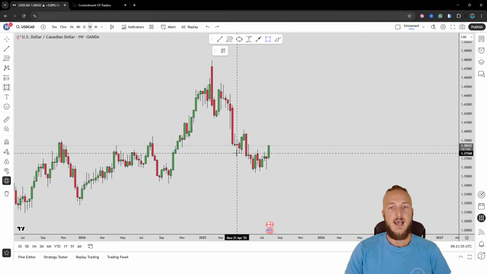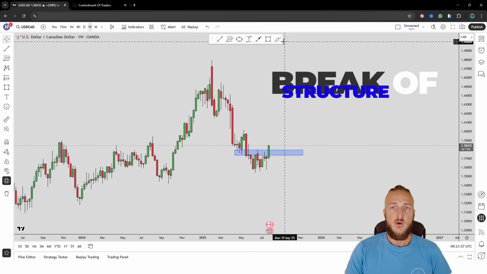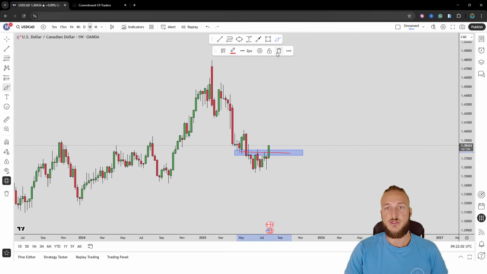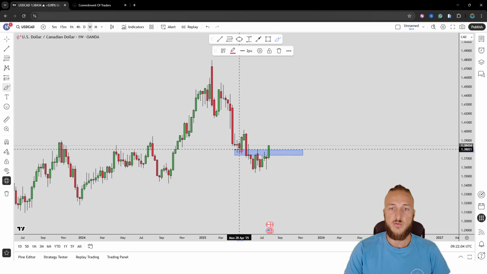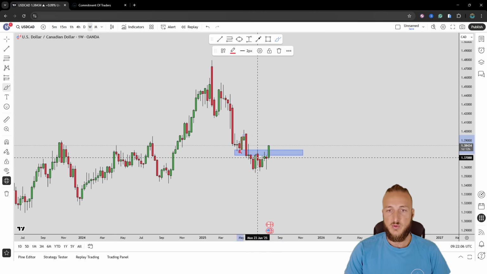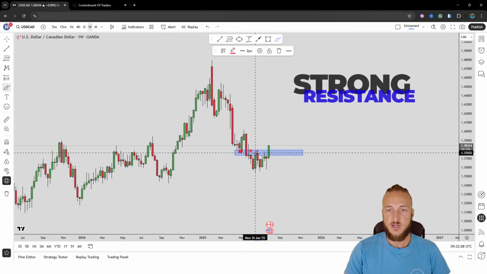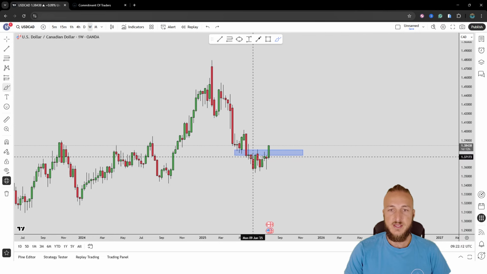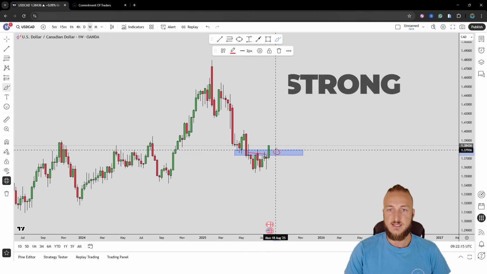We can also notice the break of structure here, in which we can identify the horizontal structure being exactly this zone here, which was acting as previous weekly support, turned resistance here, here, and here. And now the market has broken it to the upside, which means that all this previous resistance is now turned support.